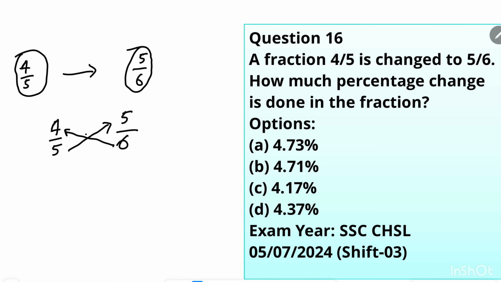Or you can take the LCM of these two numbers, which will give 30, and you multiply by 30 here. Then when you divide, it will give you 5, and here it will give you 6, and here 5, right?